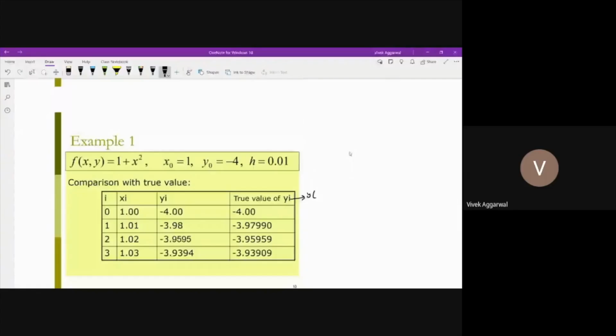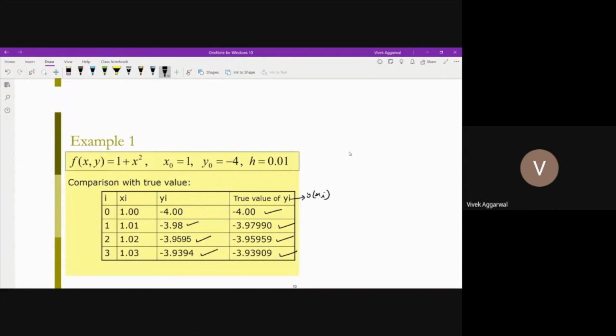It is the same at the start, because it is the initial condition. Then at 1.01, this is my exact solution and this is my approximated one. Then again this is the exact solution, this is approximated. This is exact, this is approximated.